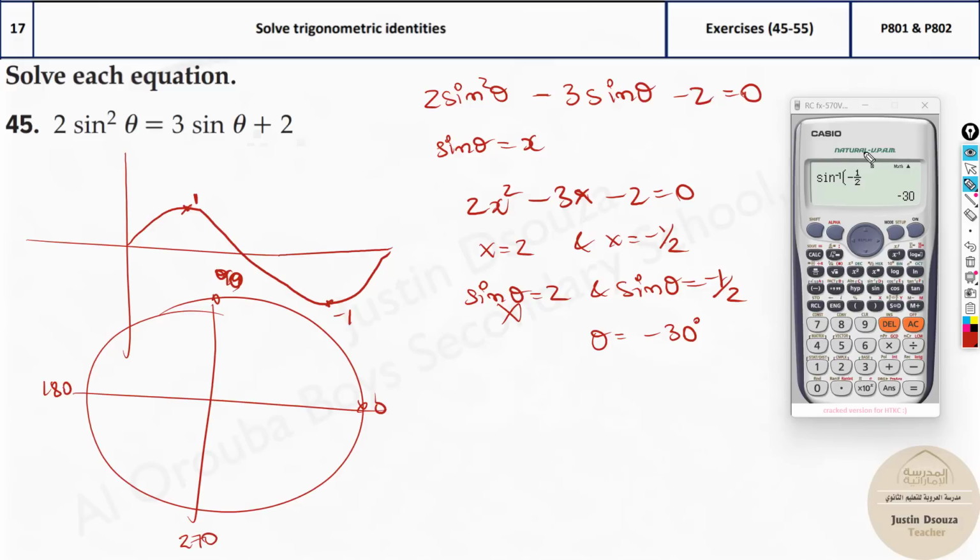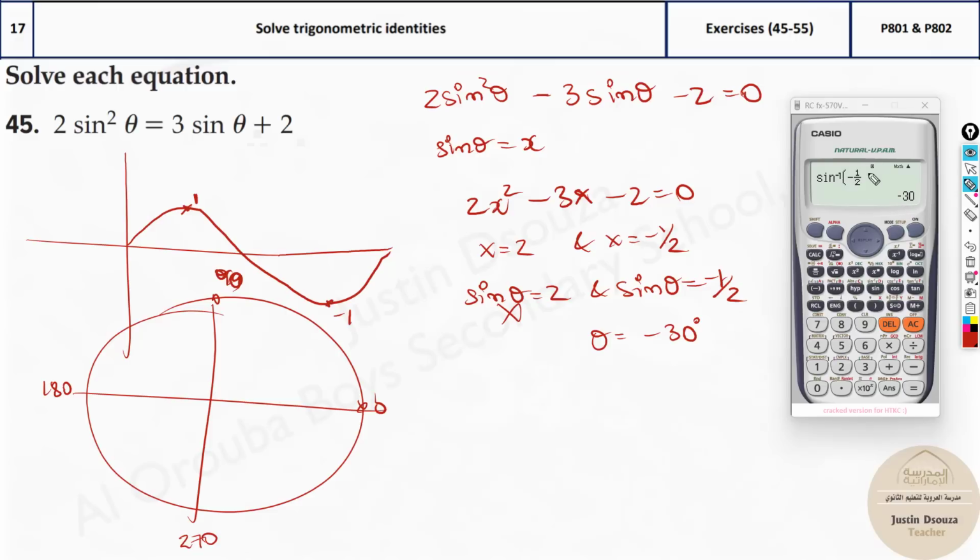Now, one more thing. If you look over here, the calculator is in degree mode. I've not changed to radian because this is a writing question and there's no pi over here. So I'm doing everything in degrees because I find it easier to analyze things in degrees rather than pi. If you change it to radian, over here you should get 30 is pi by 6, negative pi by 6.